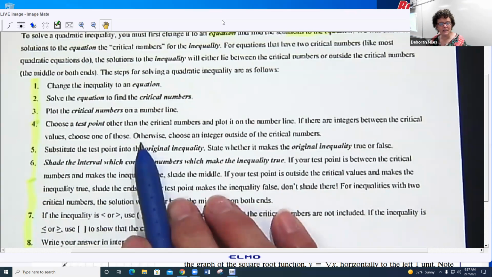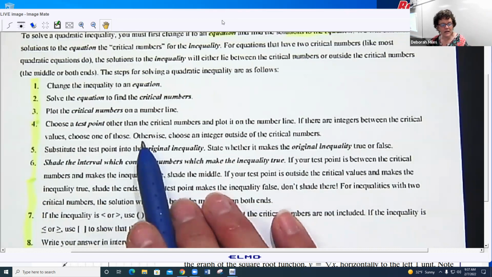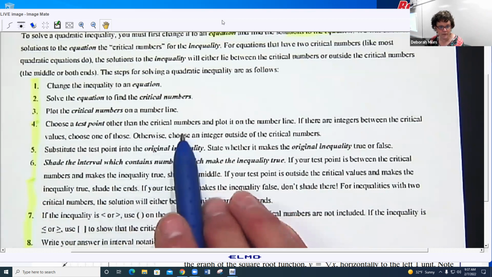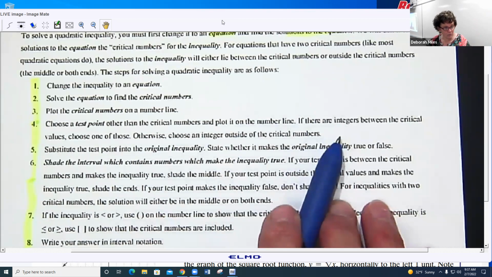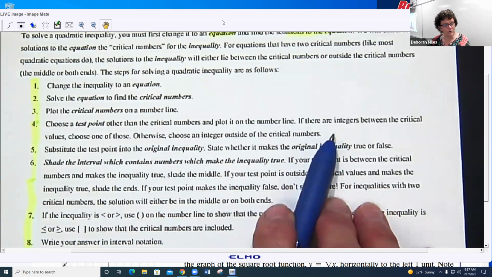Your test point can be anything other than your critical numbers. You'll also plot your test point on the number line. If there are integers, whole numbers, between the critical values, then it's usually easiest to pick one of those.